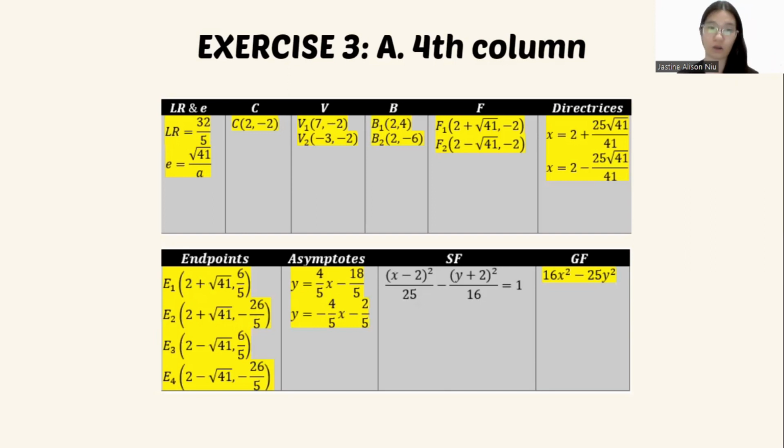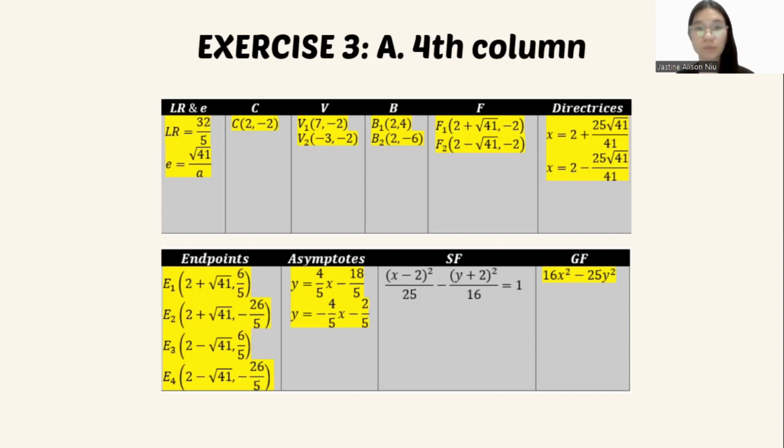So the endpoints are: the first endpoint is 2 plus square root of 41 and 6 over 5. The second one is 2 plus square root of 41 and negative 26 over 5. The third one is 2 minus square root of 41 and 6 over 5. The last endpoint is 2 minus square root of 41 and negative 26 over 5.